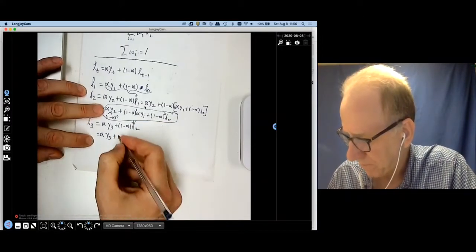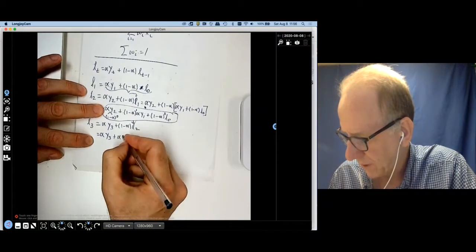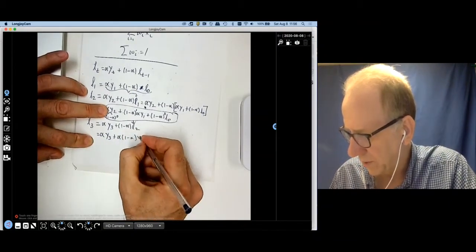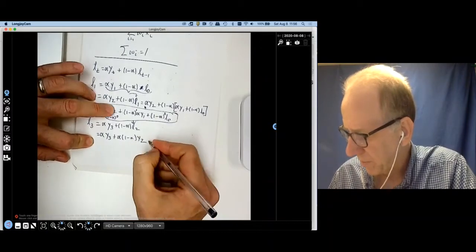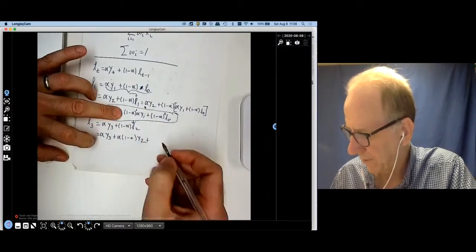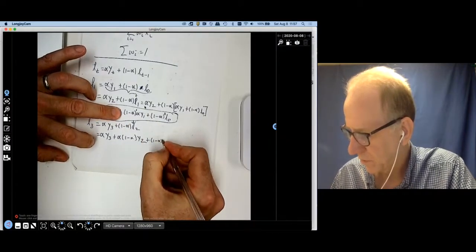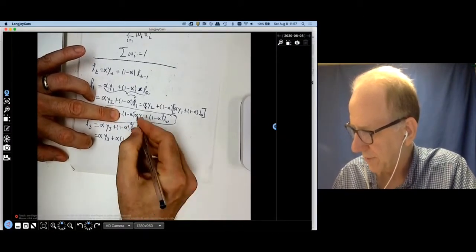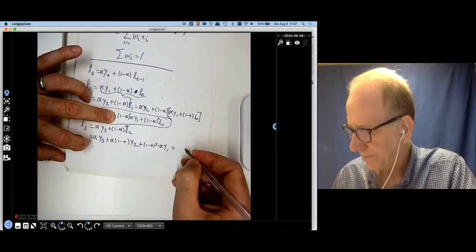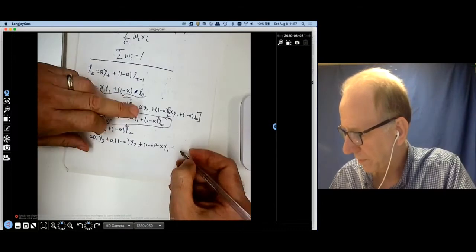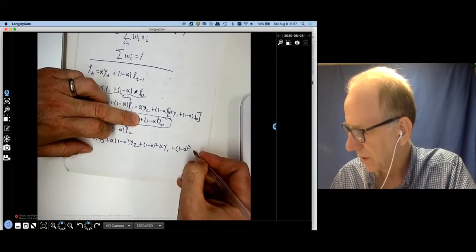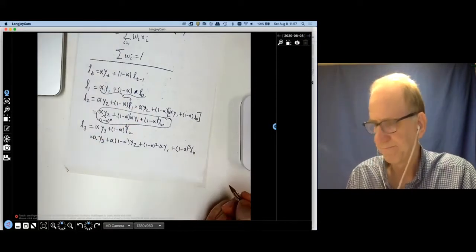This is going to be alpha times 1 minus alpha times y2 plus 1 minus alpha squared times alpha times y1 plus, going back here, 1 minus alpha cubed times my initial level.